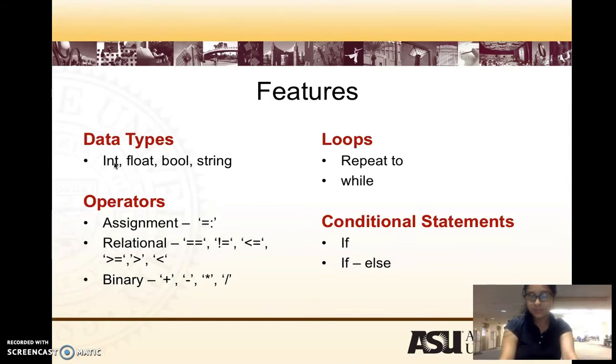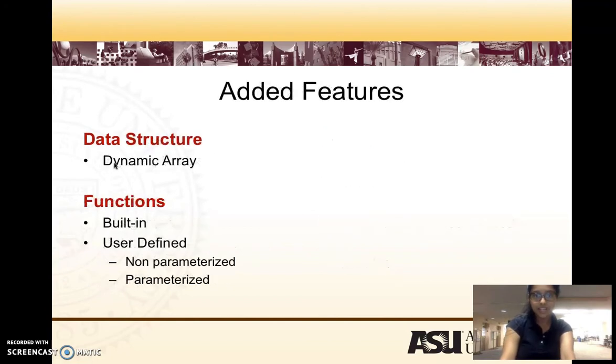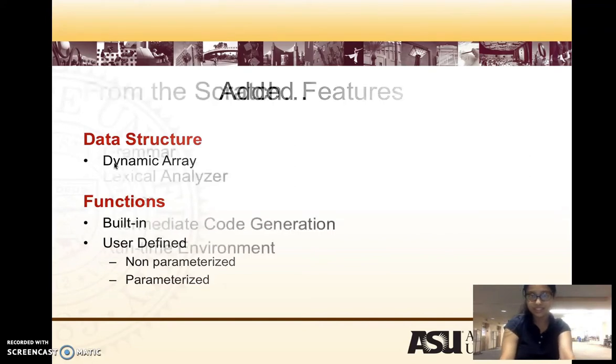Along with the loops, we are providing a for loop, which in our language is expressed as repeat, to, and till, and conditional statements of if and if-else constructs. Along with that, we have operators for most basic functionalities, which are relational, binary, and assignment operators. Added functionalities we have are a dynamic array, the built-in functions, and the user-defined functions.